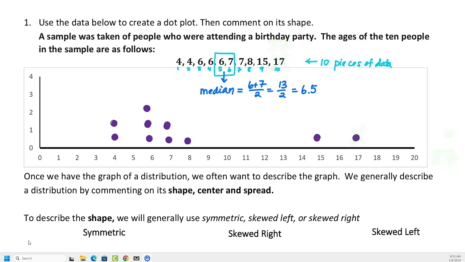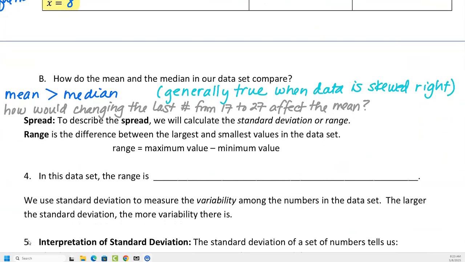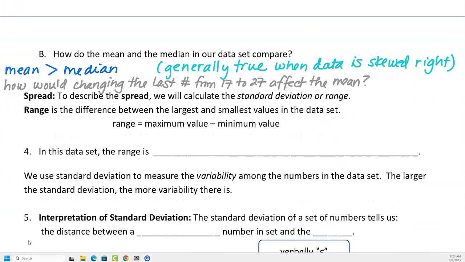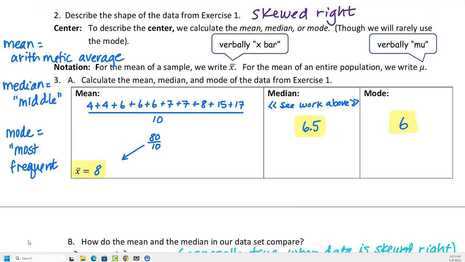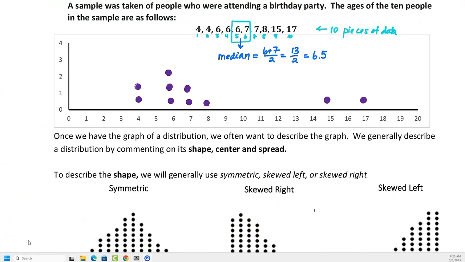Okay. How about if I change this question just a little bit, instead of ending it with the mean, say if I changed it from 17 to 27, how would it affect the median? So let's come up here.